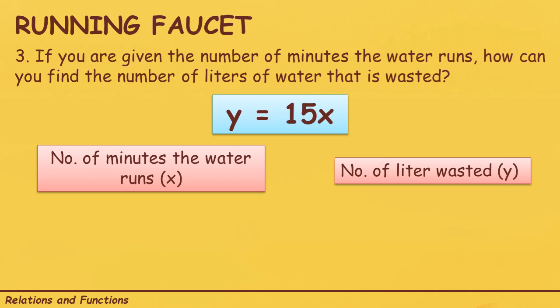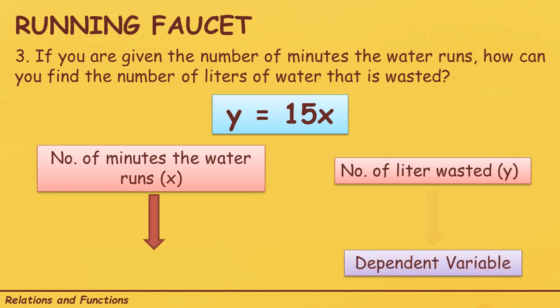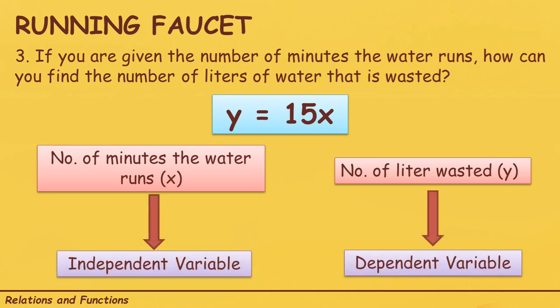Since the number of liters of water wasted, or y, depends on the number of minutes the water runs, or x, y is called the dependent variable, and x is called the independent variable. So our dependent variable is y and the independent variable is x, because we can get the number of liters wasted based on the independent variable, which is the number of minutes.